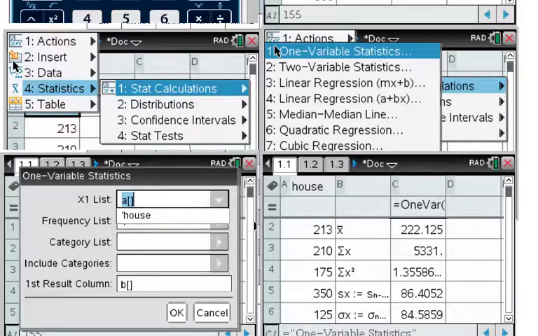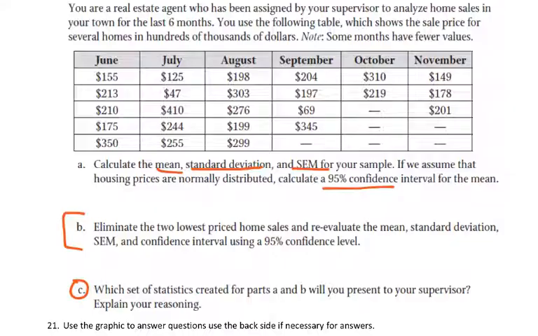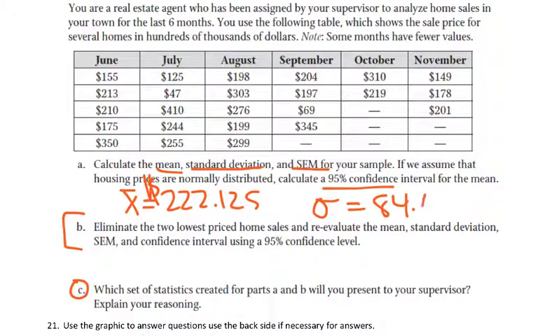So you could just round that to 84.6. Okay, so that gives you two pieces of information, right? The mean, which was 222.125, and then the standard deviation, which we rounded to 84.6.